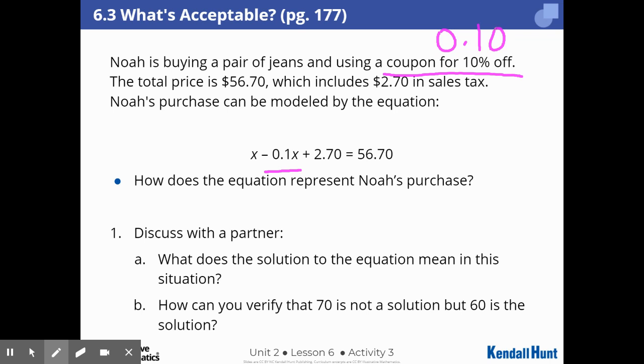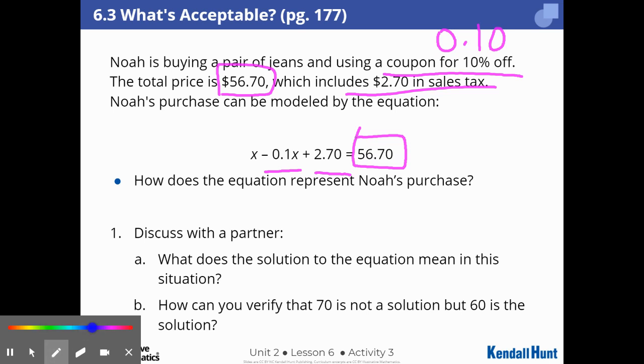So it's taking the original price minus 10% times my original price, and then we add the 270, which is the $2.70 in sales tax, to give me the total price of $56.70. So what does this x stand for?